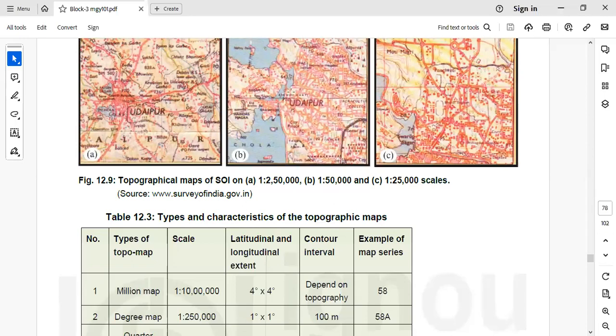Here this is the quarter degree map, 1:50,000, and it covers less area as compared to the million map. And here this is the map of 1:25,000 scale, and it shows a small area, but the amount of information is quite large.